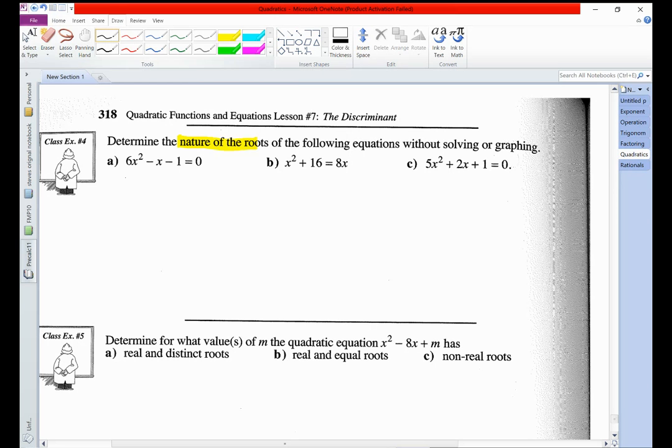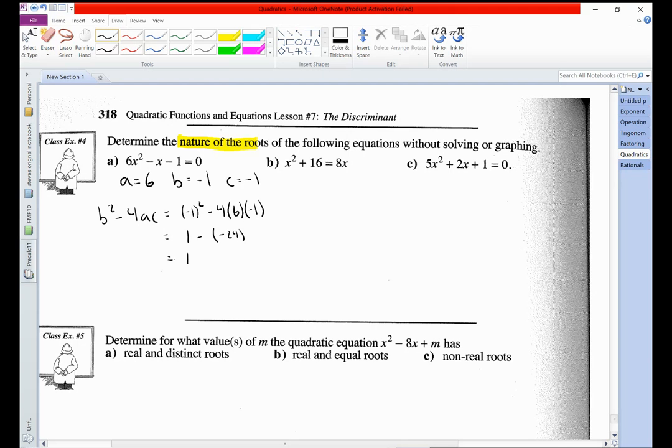In this case, A is 6, B is -1, and C is -1. And we know the discriminant is just b squared minus 4ac. So it's going to be -1 squared minus 4 times 6 times -1. -1 squared is 1, minus 4 times 6 is 24, times -1 is -24.